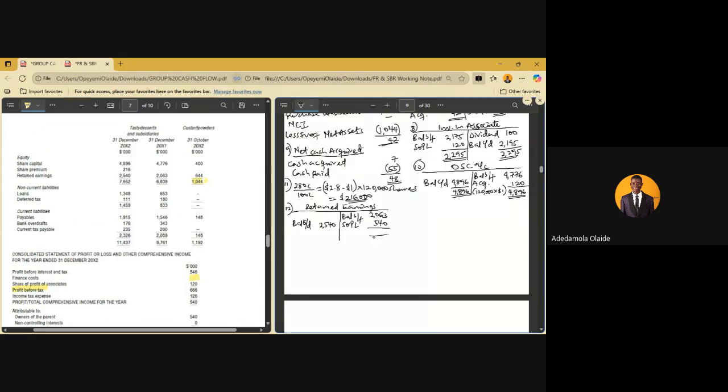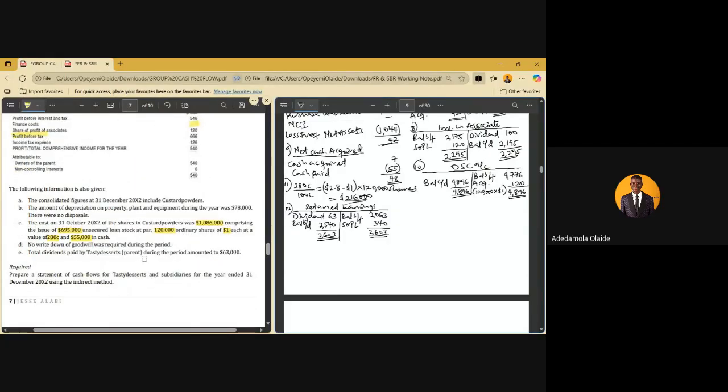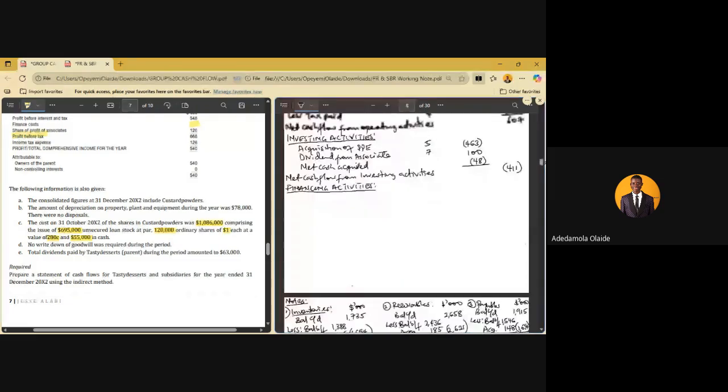So we add it up. That will give us what? 2603. The difference, which would have been the dividend paid during the year, is 63. And they even told us that in the additional information, that they paid dividend of 63,000 during the year. So we'll come here.